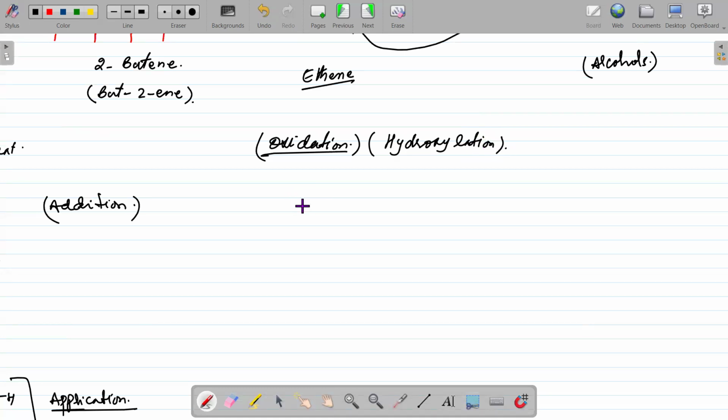Actually, what we do, we treat these unsaturated hydrocarbons with KMnO4. Remember, KMnO4 is an oxidizing agent. Remember, KMnO4 is used as acidified KMnO4. Sulfuric acid is also used in this reaction.